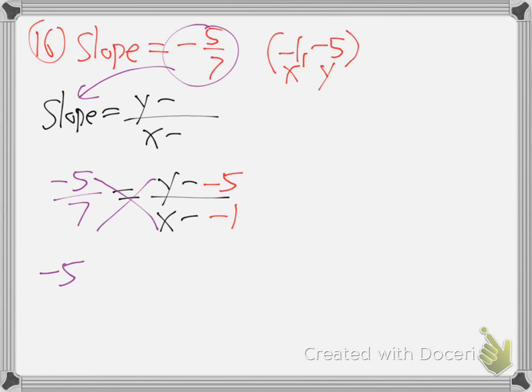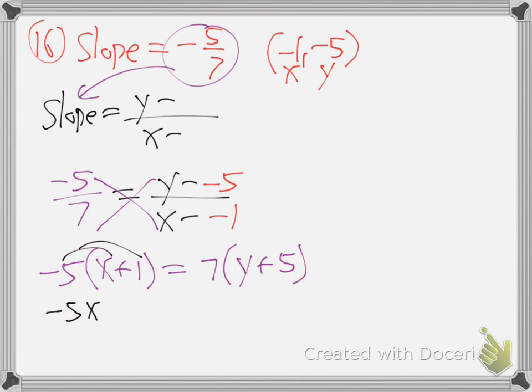So cross multiply. Minus 5 times x plus 1, and 7 times y plus 5. Are we good? And now distribute. Minus 5x minus 5. Distribute. 7y plus 35. We good to there?